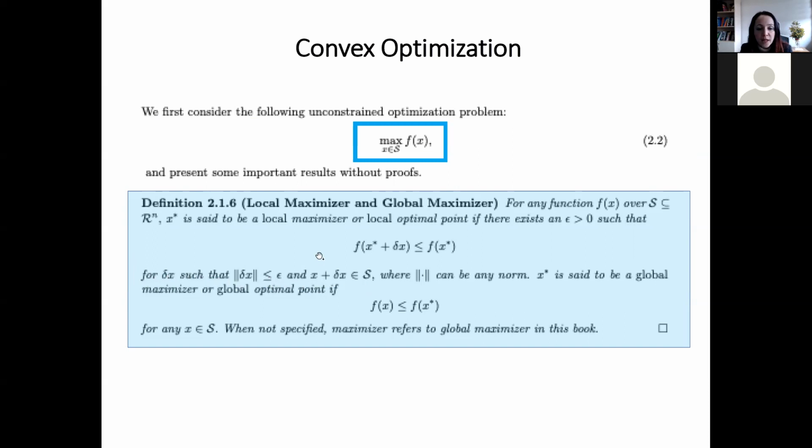Okay, what does this mean? First of all, this says in words that if x star is a local maximum, then wherever you go away from x star, the function value is only going to get smaller. It's not going to increase. Mathematically speaking, going away from x star means going to x star plus delta x.